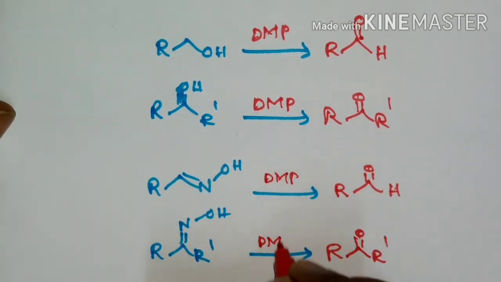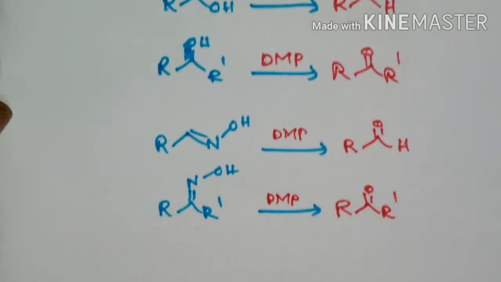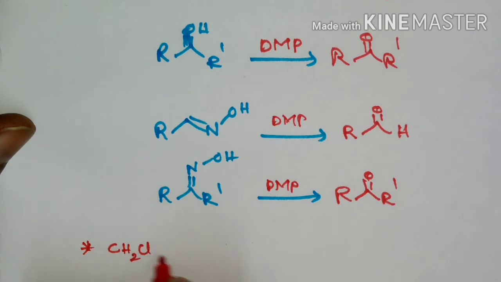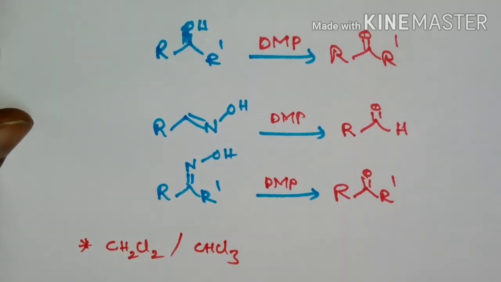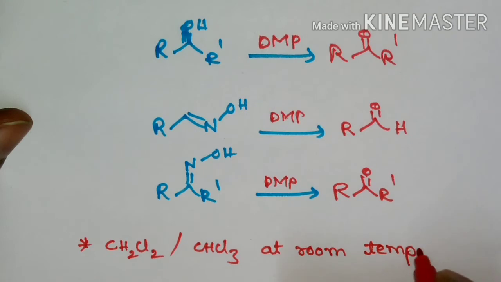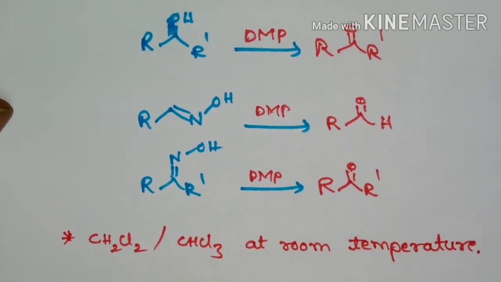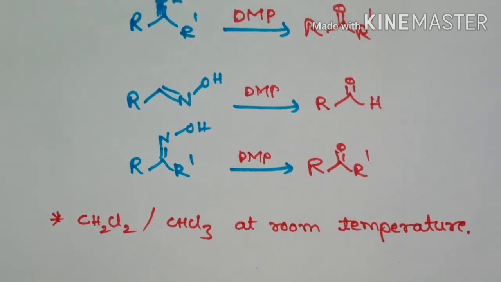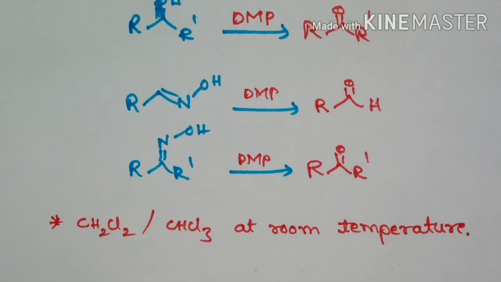This DMP is soluble in dichloromethane or chloroform, and the reaction can be carried out at room temperature. And it is going to give a higher yield of the corresponding aldehyde and ketone.